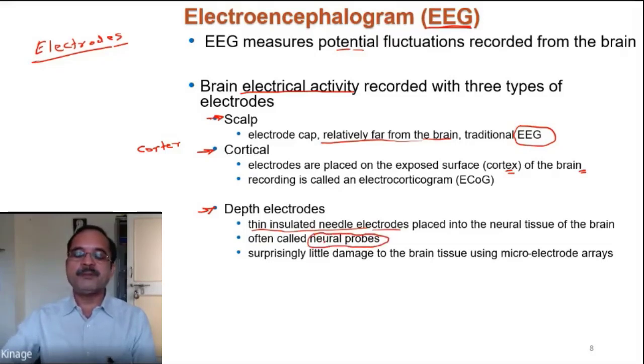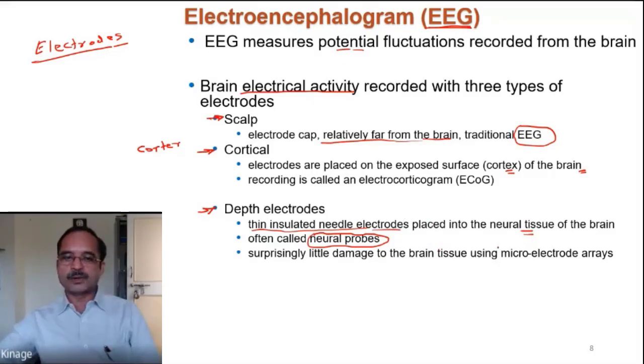Like your multimeter probes, when you want to measure voltage using a multimeter, you directly touch the equipment where you want to measure. In the same manner, these depth electrodes are directly touching the nerve tissues. But surprisingly, very little damage is caused by this type of electrode.